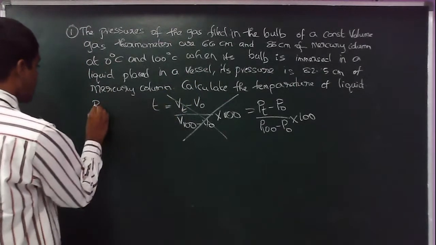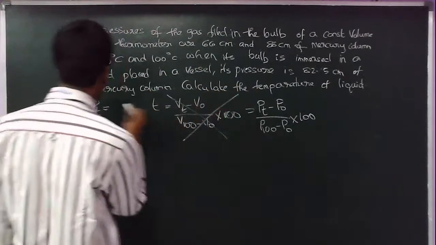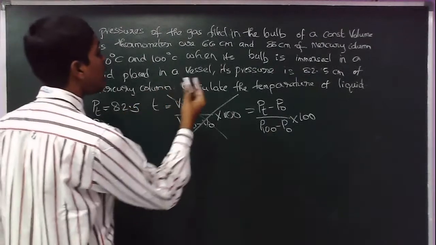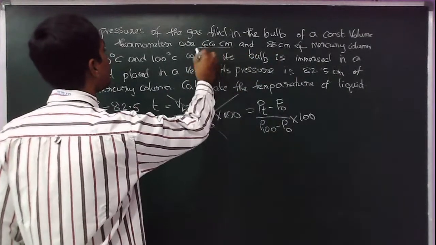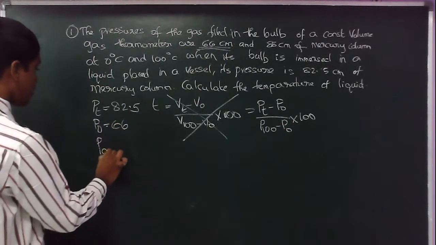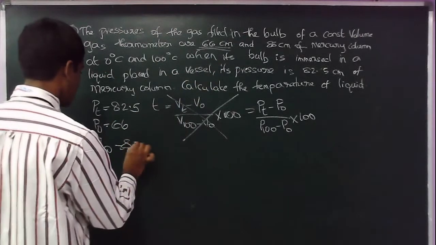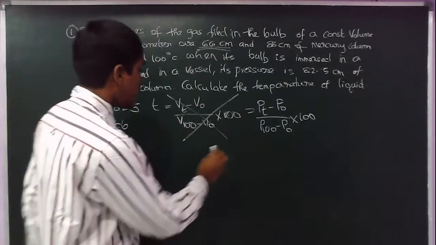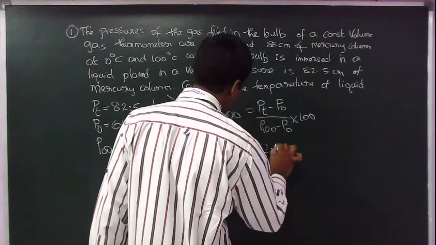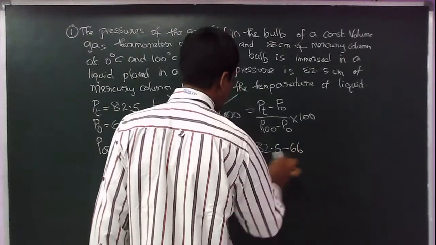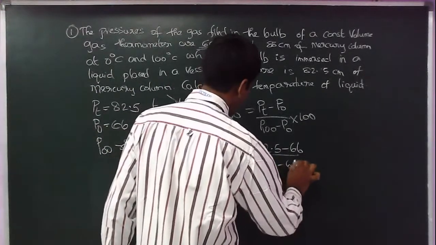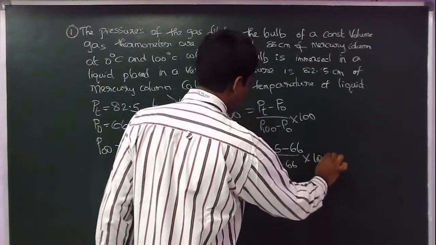First, what is the value of Pt? It is 82.5. And P naught is at 0 degrees Celsius, it is 66. Now P100 is 88. So the temperature T is equal to Pt, which is 82.5, minus 66, upon P100, which is 88, minus 66, into 100.